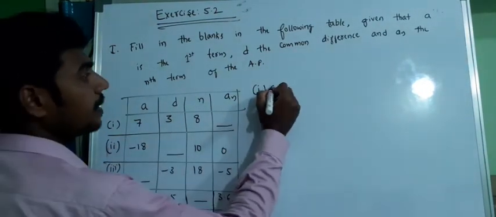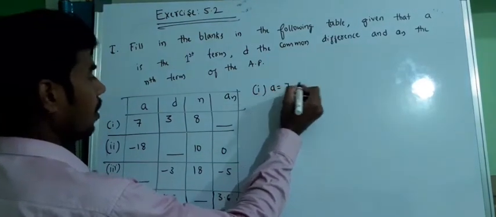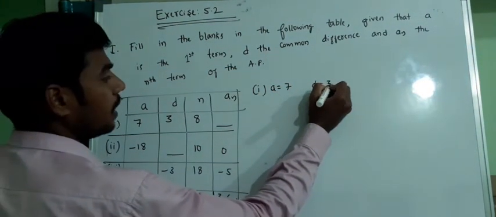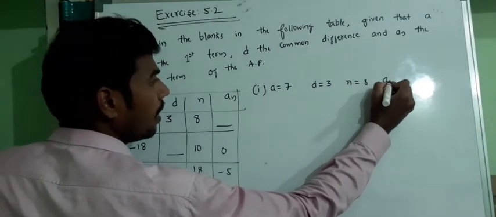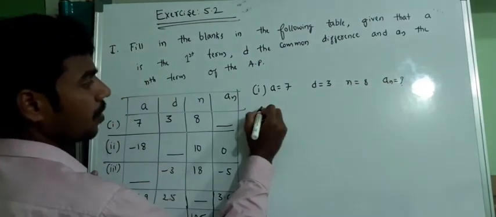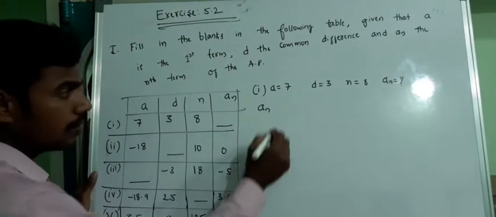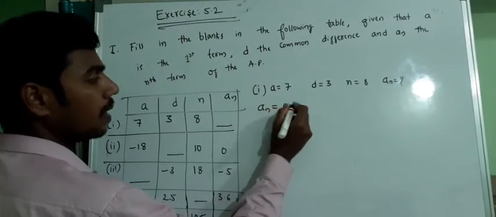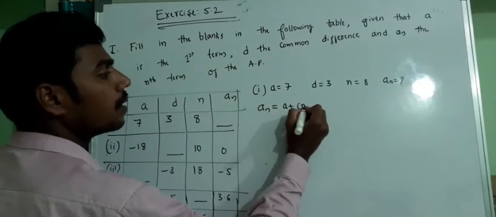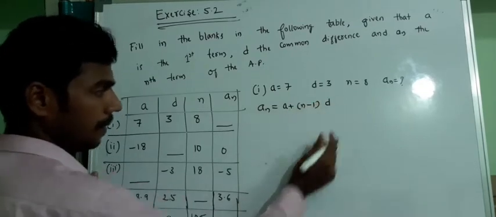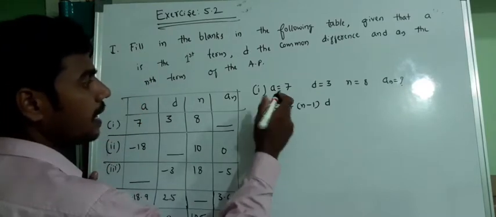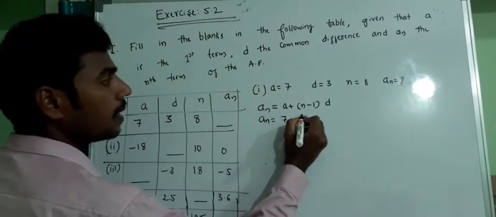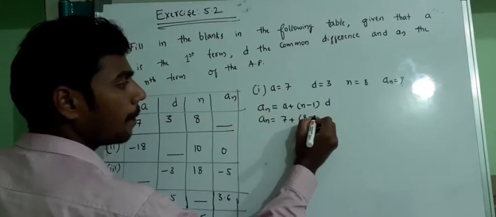What is A here? 7. What is D here? 3. The number of terms is 8. We need to calculate AN. So we know the formula. AN is equal to A plus n minus 1 into D. What is A here? 7 plus n is 8 minus 1.